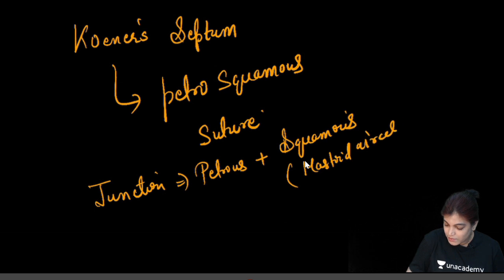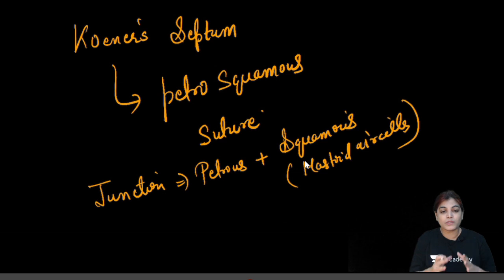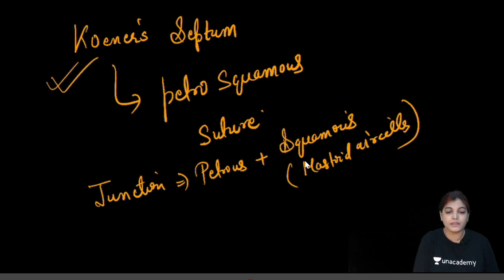Close to it lies the mastoid air cell, and this part is called the coronal septum. It is important for you to know this suture, which is not so commonly known. This was asked in the previous NEET PG entrance examination.